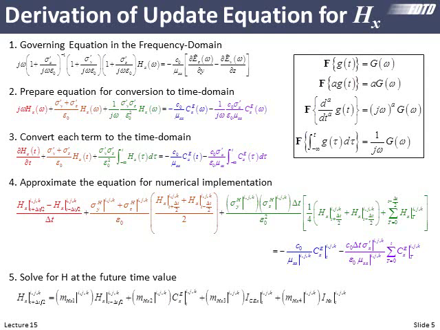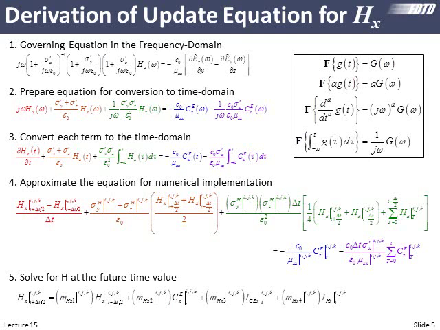We have now a time domain equation with a PML incorporated, and the PML is causing us to have to do integrations now. We then, through a rather long process, converted this to numerical form. We approximated the derivatives with finite differences, and we approximated the integrals with summations. And there were some tricks in there.